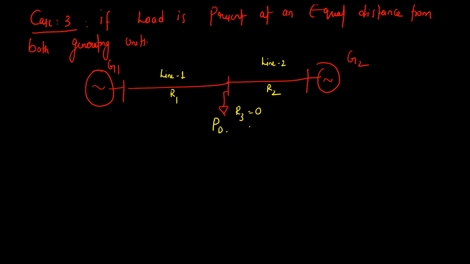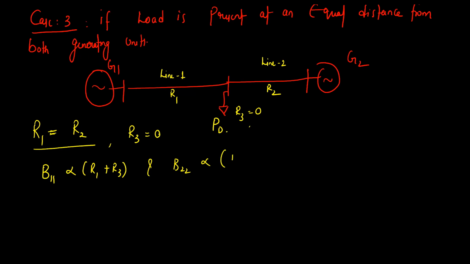Since it is at equal distance from both the sources, your R1 will be equal to R2, and R3 is 0. So if you observe your B11, which is directly proportional to R1 plus R3, and B22, which is directly proportional to R2 plus R3, both will be the same. Your B11 will be equal to B22.